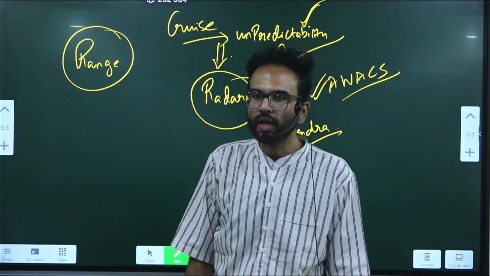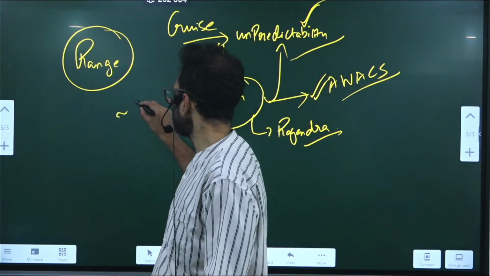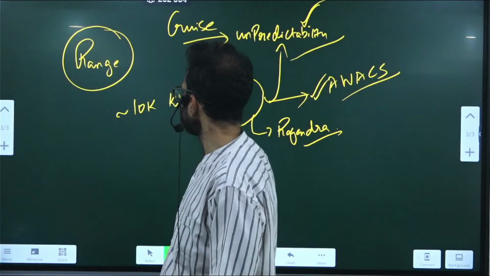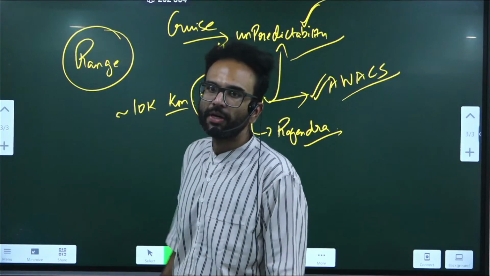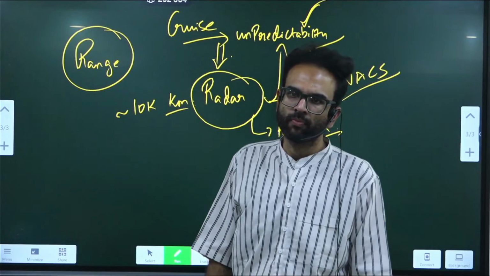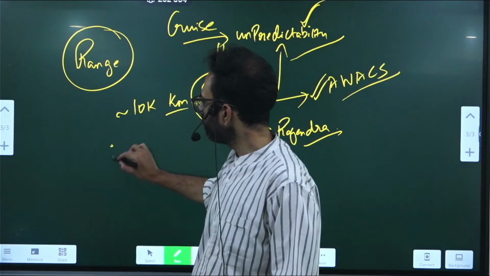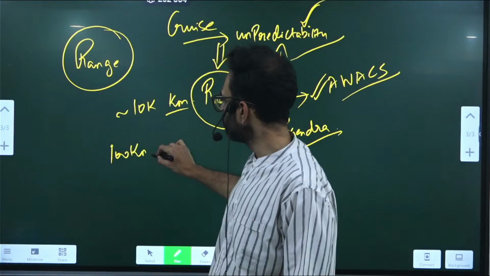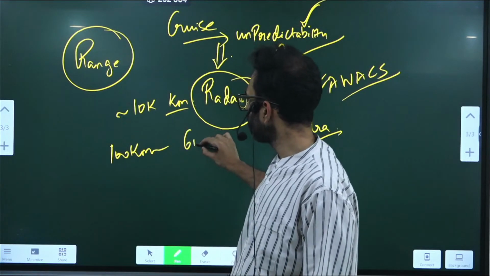When you are talking about ICBMs, they can reach up to 10,000 kilometers, but you always need such a range. You can start from anywhere, 100 kilometers to 500, 600.